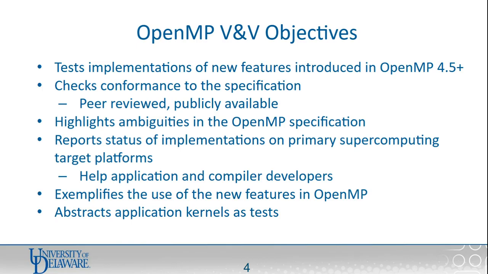In the process, we highlight ambiguities in the OpenMP specification, which allows for improving language in the specifications, and in addition, reporting the status of implementations for given features of the OpenMP API. This helps application and compiler developers who in general write these features to target given platforms.